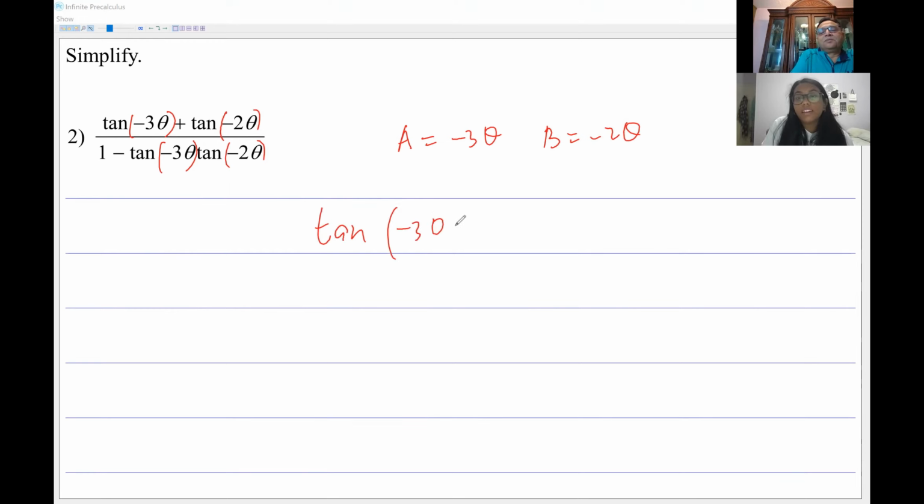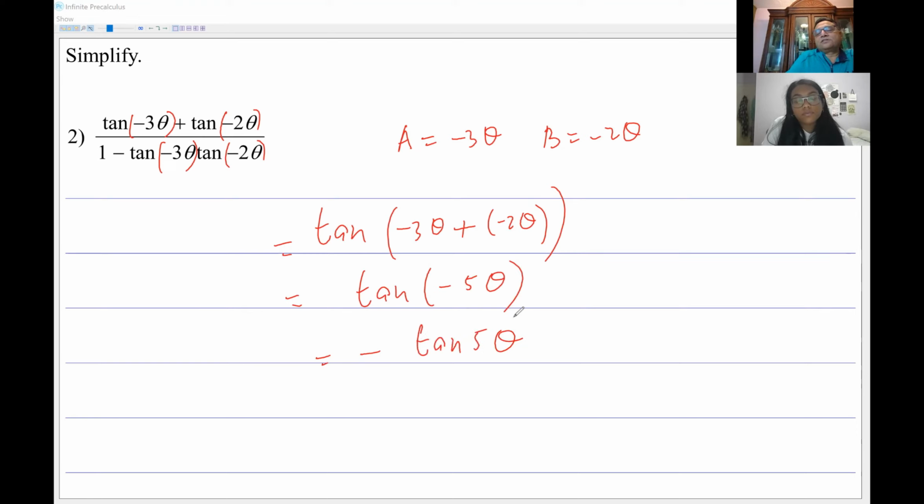What do we get? This is equals to tan of minus 5 theta. Or minus tan 5 theta, because tan is an odd function, correct? Right. Sine and tan are odd functions. Cos is even. You are right. So that is how you will be doing it.